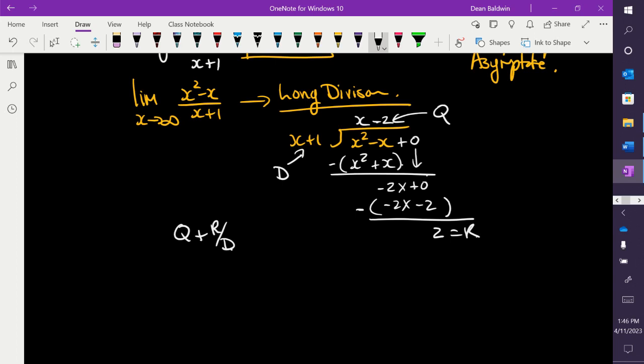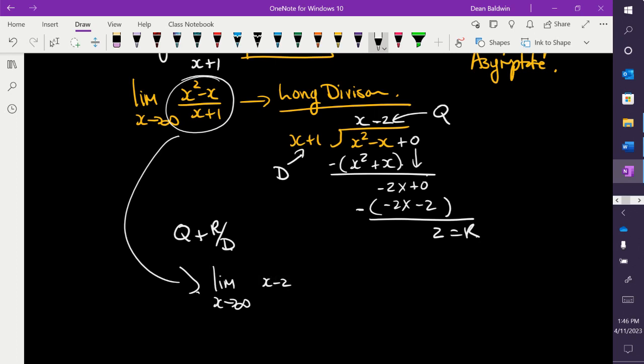Now, I know this looks like Greek, like totally foreign stuff if you haven't done this before. Instead of writing the limit as x goes to infinity of the original fraction, I write it as Q plus R over D, because they're the same thing. Q, which is x minus 2, plus R over your divisor, which is x plus 1.